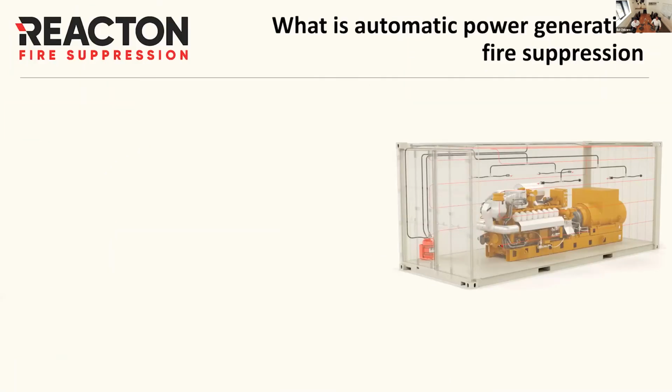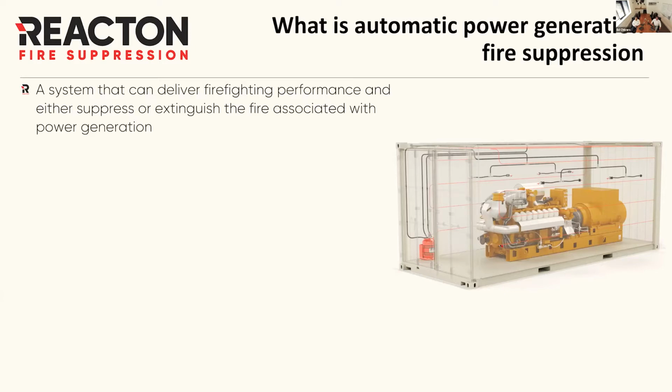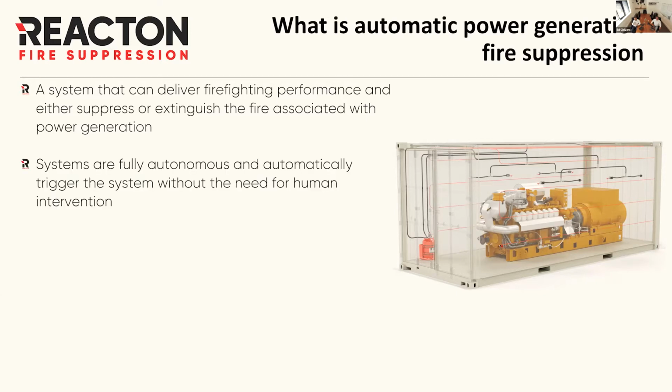What we want to talk about first of all is what is automatic fire suppression when it's related to power generation. It's a system that can provide the firefighting performance which can either suppress or extinguish the fire associated with your power generation. When we mention suppressing or extinguishing, we want to educate people that we can allow for safe egress times in certain environments, but with power generation, we're looking to extinguish because of the remote locations.